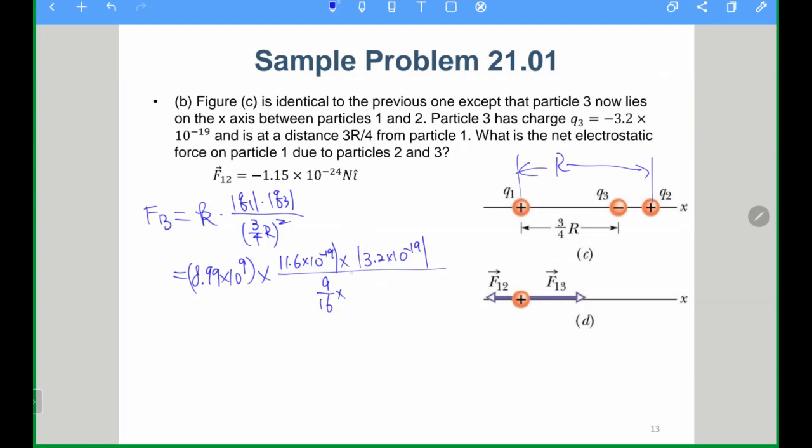R is still 0.02, squared. So this number will be 2.05 times 10 to the minus 24 Newton.